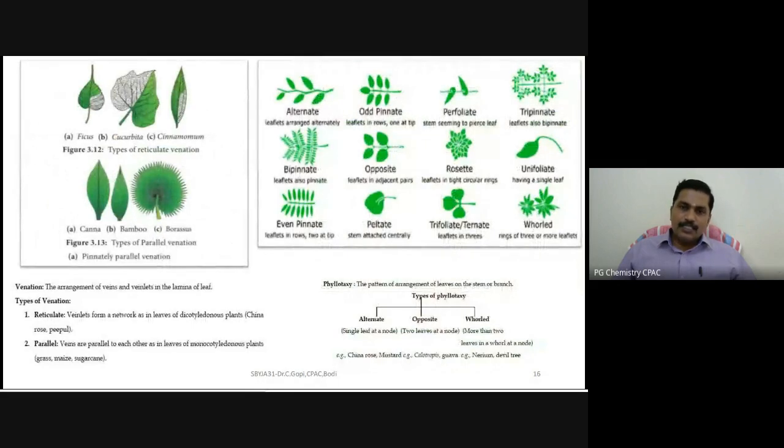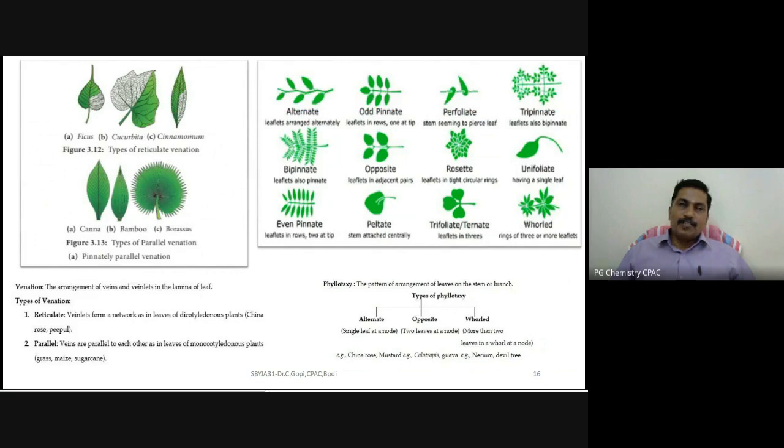Then you see the venation, the veins present in the leaves, in monocot as well as dicot. In dicotyledon, the veins show reticulate venation, where veinlets form a network of veins.